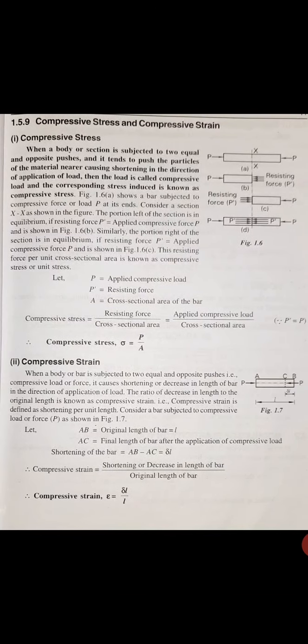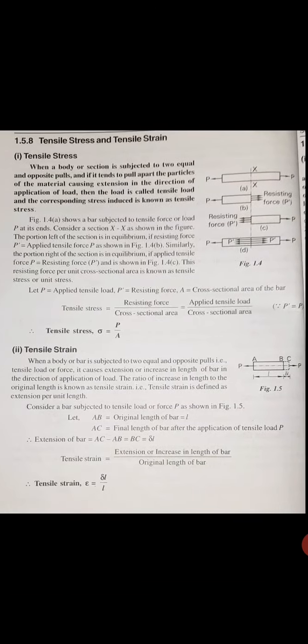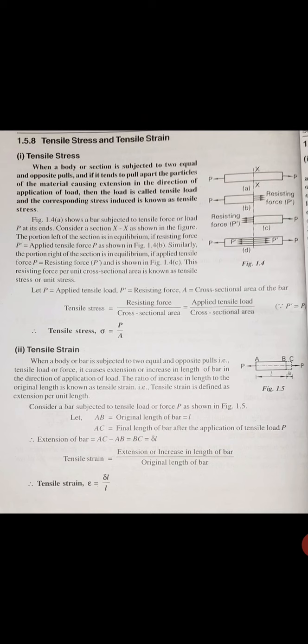So these were the different types of stress. Other stresses, bearing stress, bending stress, and torsion stress, we will discuss in the upcoming modules. Right now, these three stresses are very important: tensile stress, compressive stress, and shear stress. Tensile means the pulling stress, tensile strain means the pulling strain.